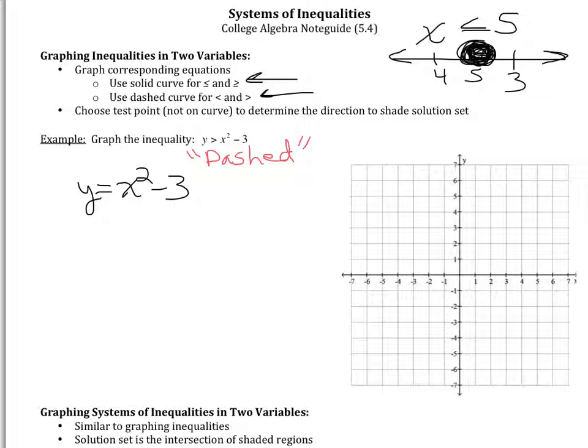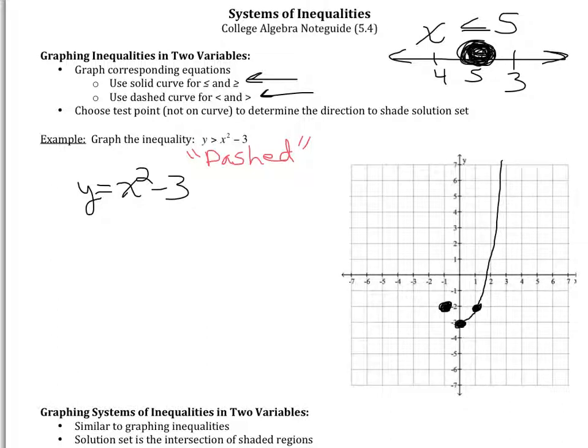I'm not going to go through all the transformation process, but I know that my vertex is going to be at the point (0, negative 3). And it's going to follow the same behavior as f of x equals x squared, right? So I'm going to get a point like that right here. And I can graph many other points that are on that graph, but I'm going to just use these two.